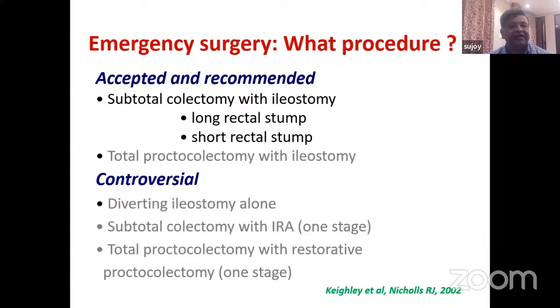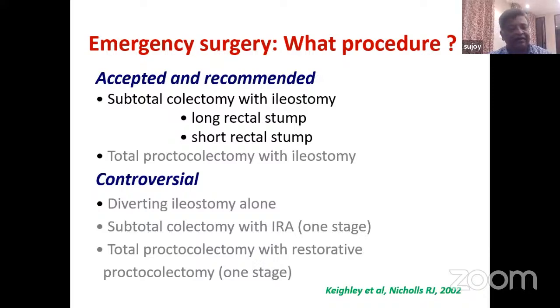So what procedure is done? I mean, the detail of all the surgical procedures will be talked about by Professor Das, who will be speaking after me. But the general rule is that in the emergency, subtotal colectomy with ileostomy is the preferred approach, usually with a long rectal stump, in the sense that the transection is made at the distal sigmoid rectal junction, so that we don't have to do any pelvic dissection at this time.